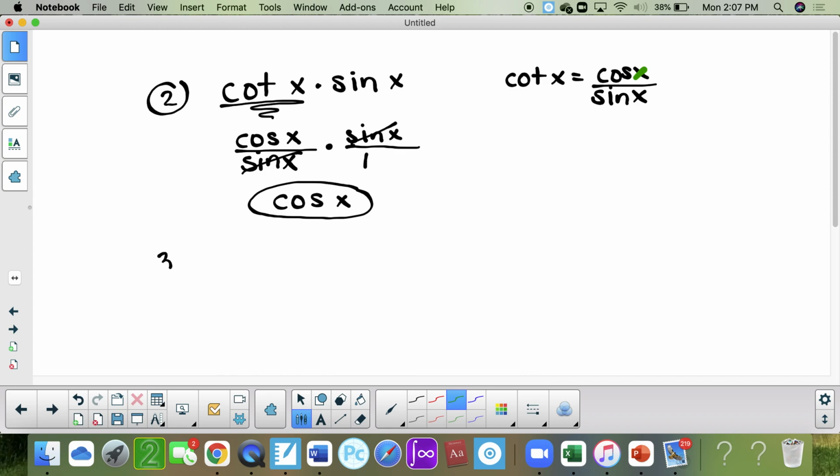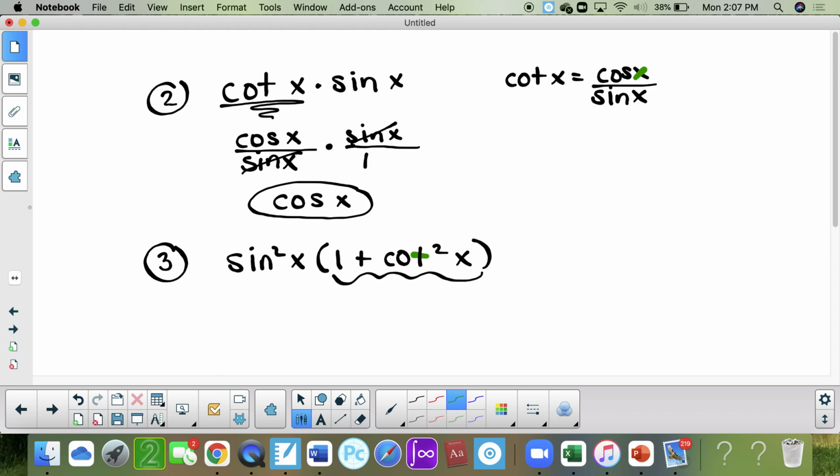Number 3, you have the sine squared x, and you have 1 plus the cotangent squared x. And on your formula sheet, under the Pythagorean, down in the lower left-hand corner, you'll see that 1 plus cotangent squared x equals cosecant squared x.